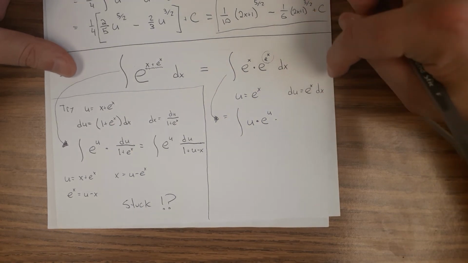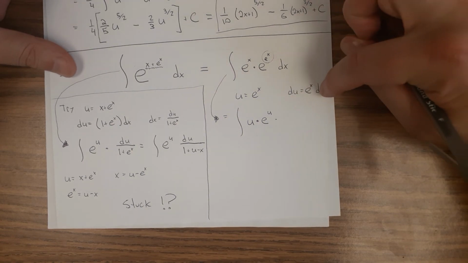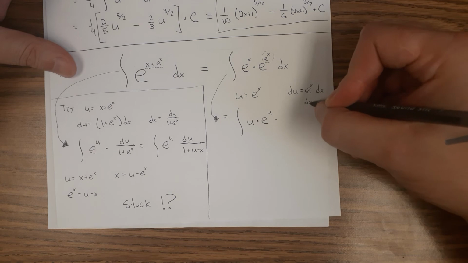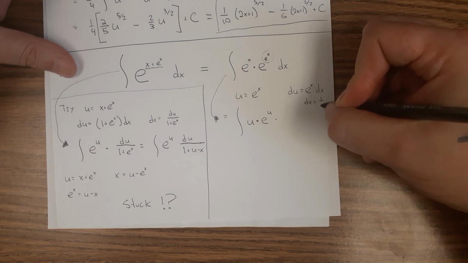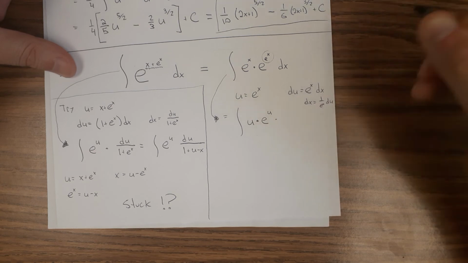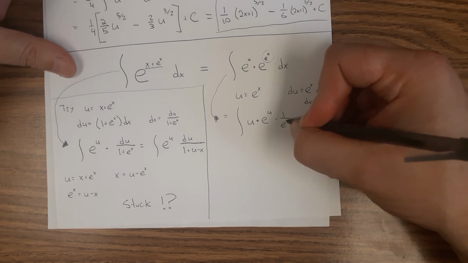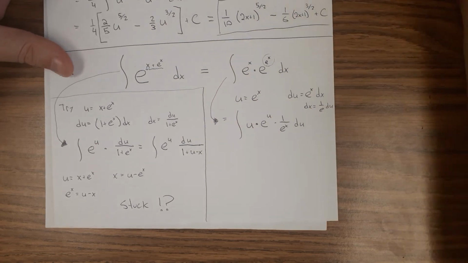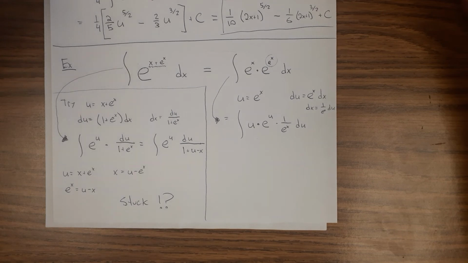This dx, I can do the thing I usually do, which is just solve for dx. Like that. And then, actually, maybe I made this sound a little bit easier than it is.